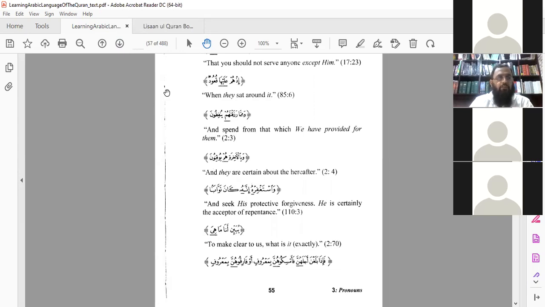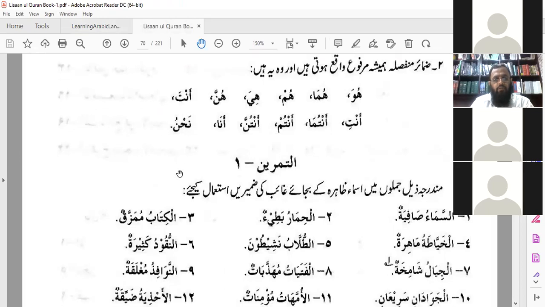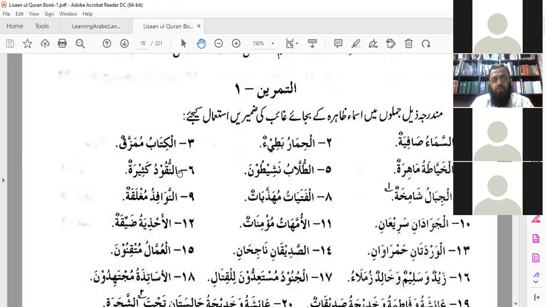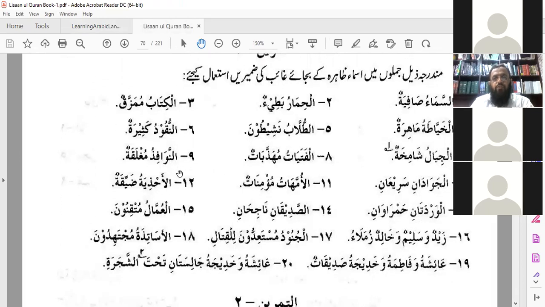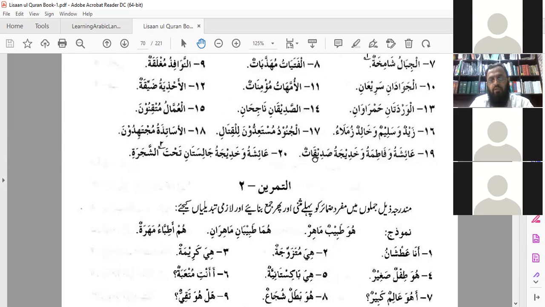Now let's turn towards our next lesson. These are the exercises. From these exercises, you have to use the correct pronoun for nouns like as-sama'u, al-himaru, al-kitabu, al-khayyatatu, at-tullabu, an-nuqudu, al-jibalu, likewise.